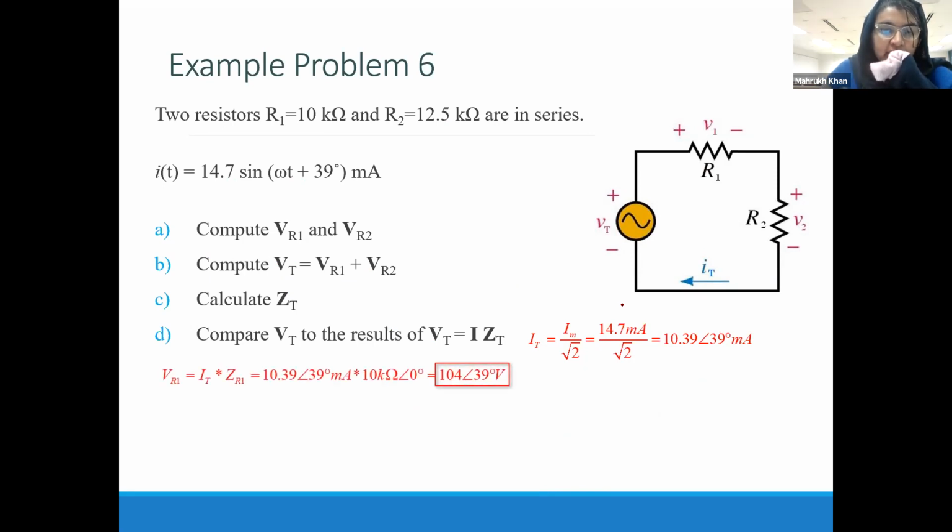Multiplying both of them together, by applying Ohm's law, you just have the 0 here, so it's okay.